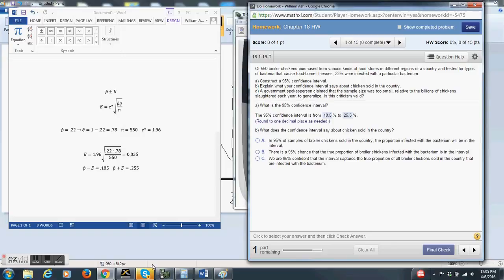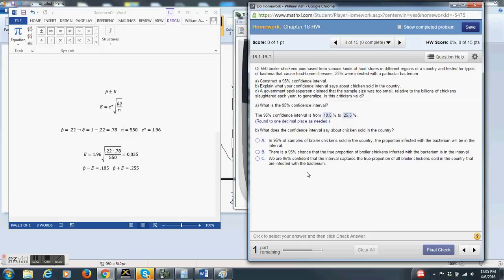What we say is I'm 95% sure that it is between 18.5 and 25.5. 5% chance I'm completely wrong, and I'm not saying that it's anywhere closer to, it's just as easily 19% as it is 25%, as it is 20%, as it is anything in this interval. So it's talking about 95% of the intervals, not of the samples or anything like that.